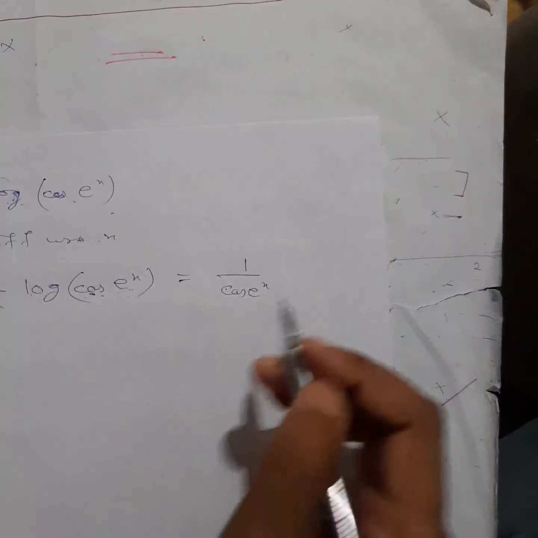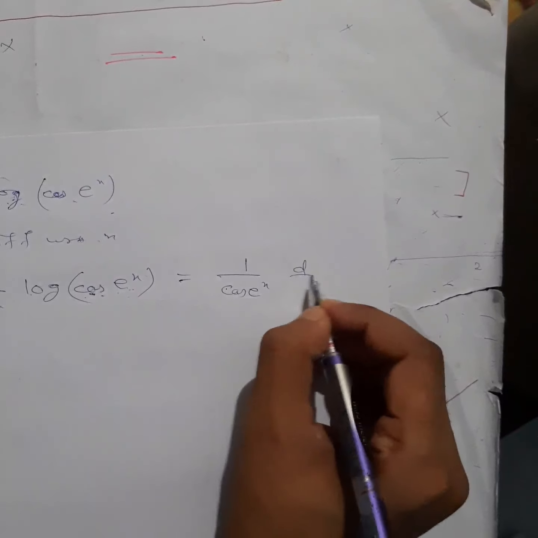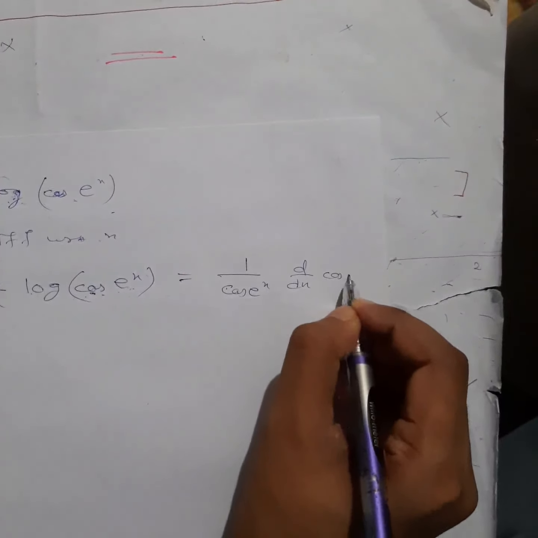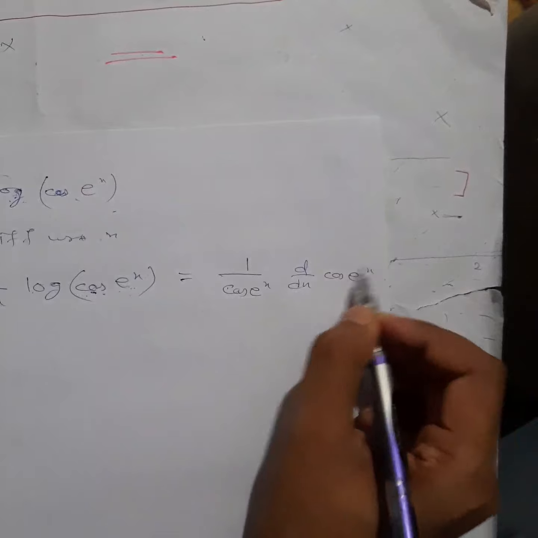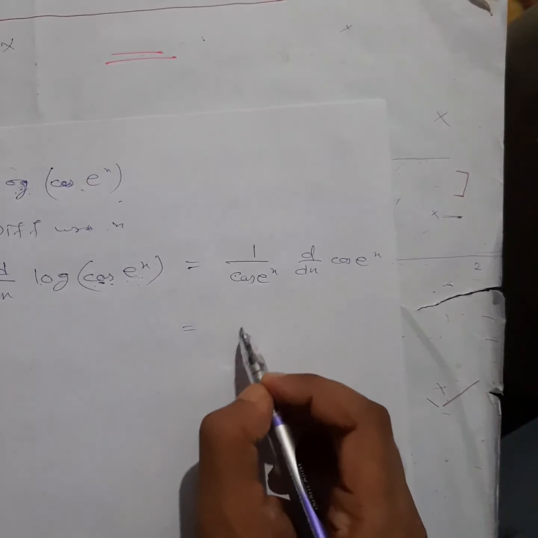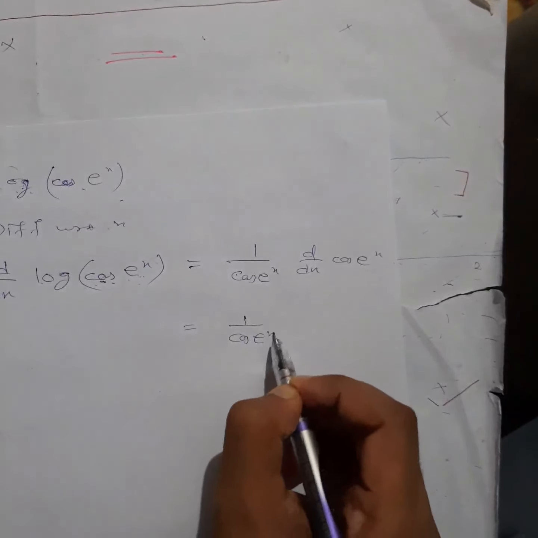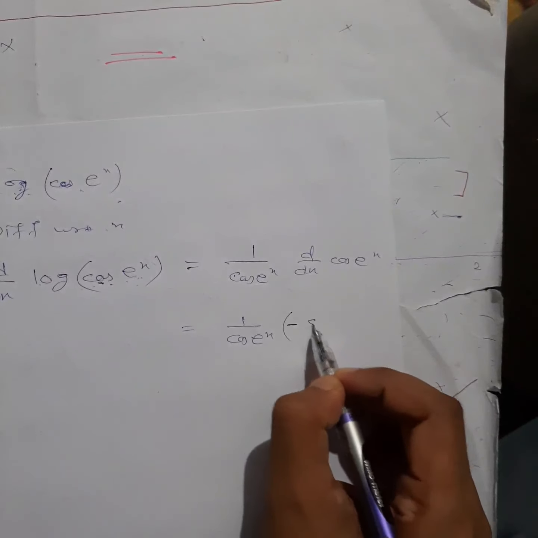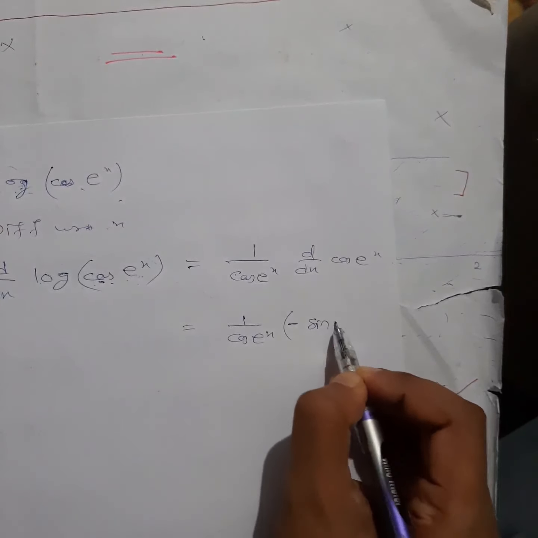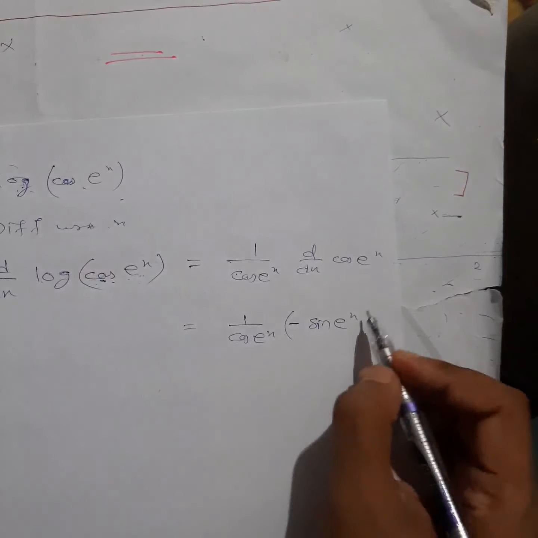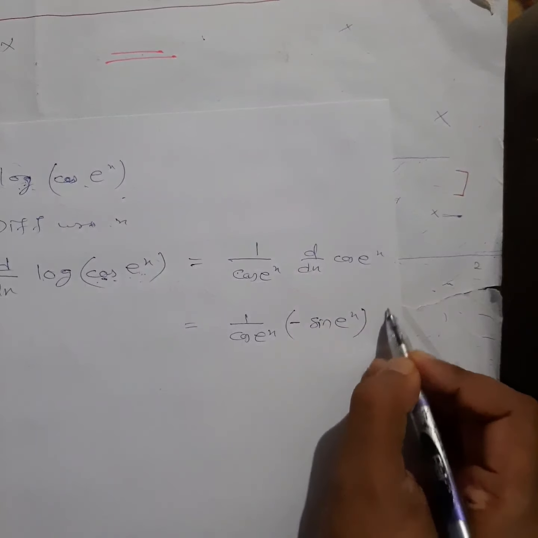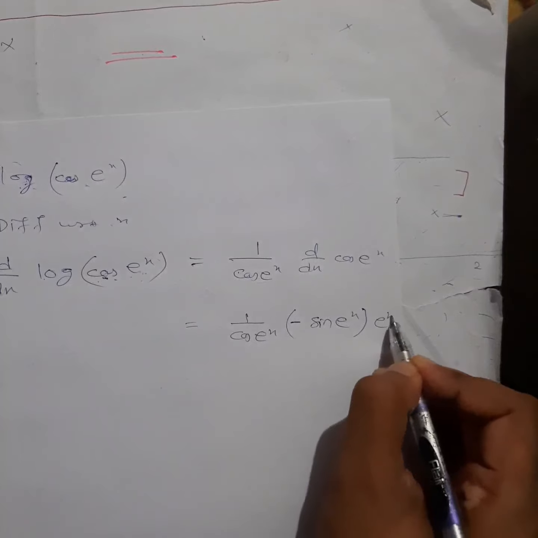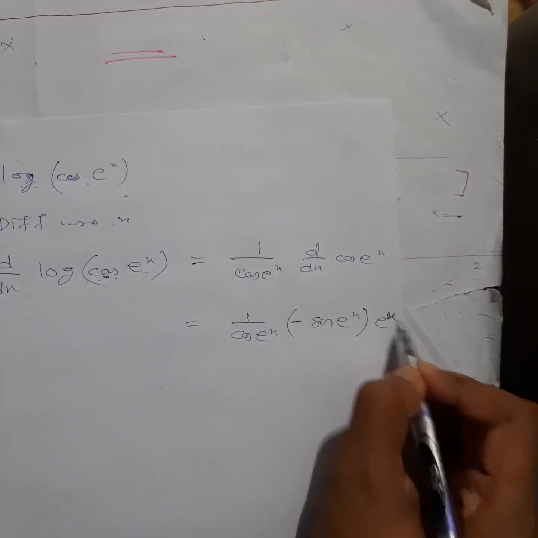So cos x form means, let me write down d/dx of cos x form, but in place of x you have e^x, so you have to differentiate that one again. So d/dx of cos means minus sin x, but in place of x you have e^x, so you have to differentiate e^x again. So d/dx of e^x is e^x only, right?